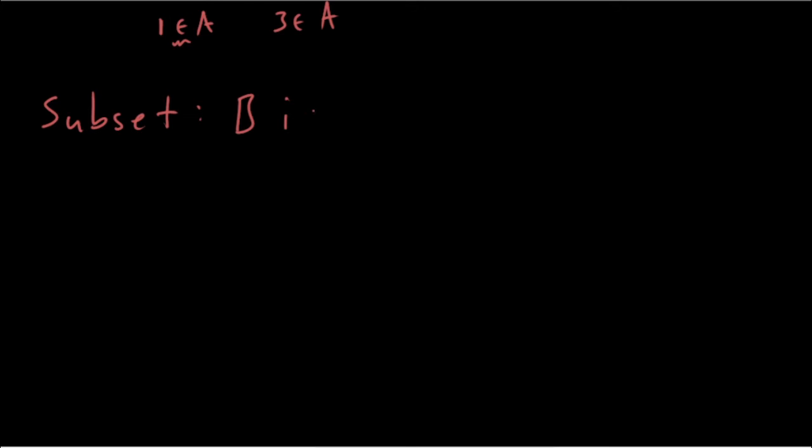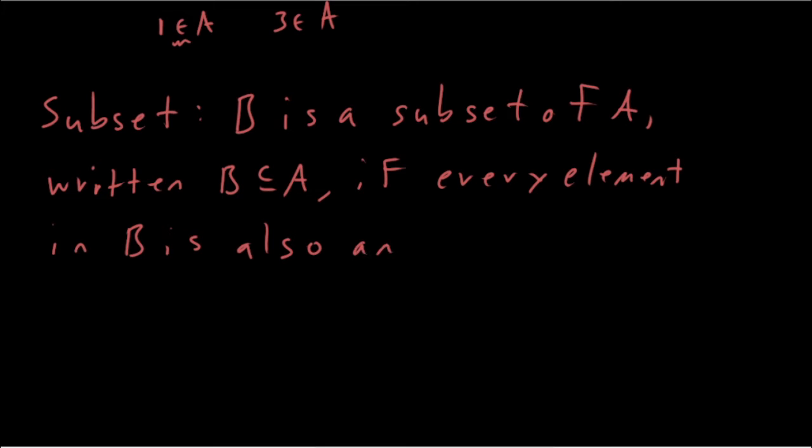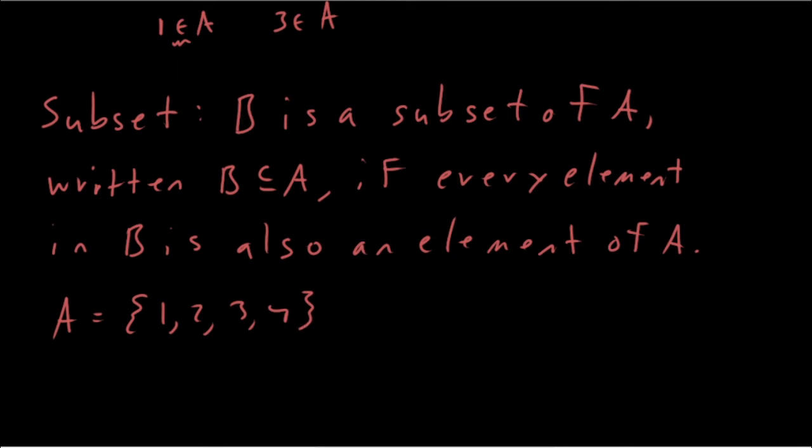B is a subset of A, written like this, if every element in B is also an element of A. Let's say we have A equals {1, 2, 3, 4} and B equals {1, 2}.